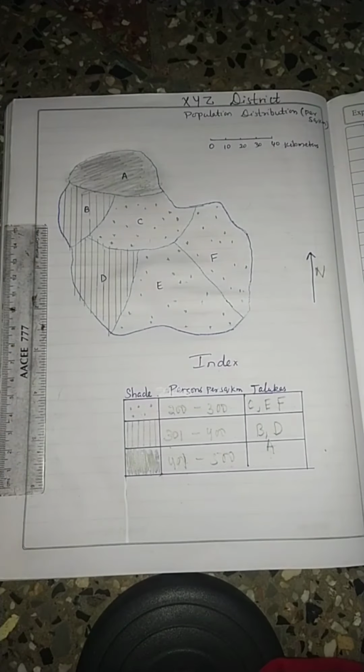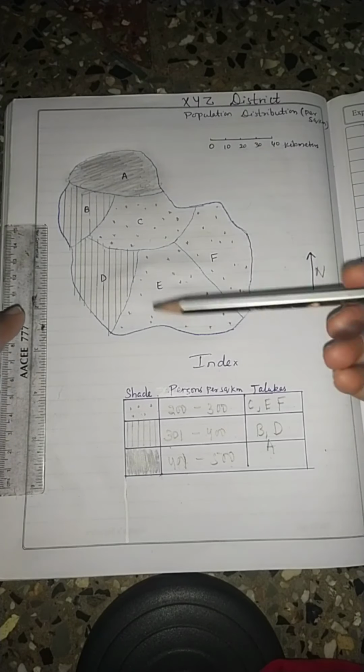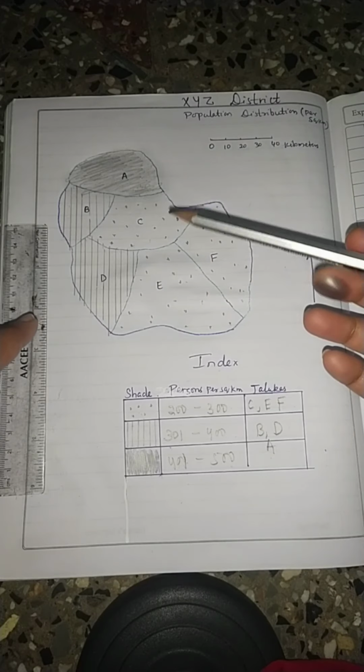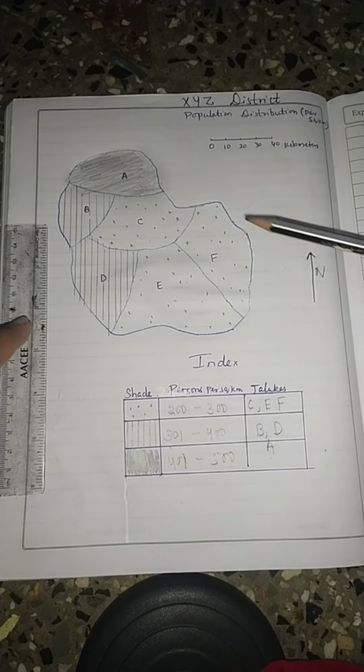So students, now you can see that the choropleth map is ready. When you prepare it, you should prepare it a bit more neatly. So this is how you will prepare a choropleth map.